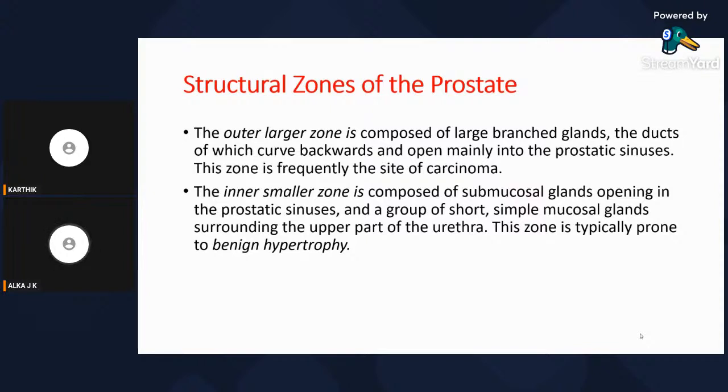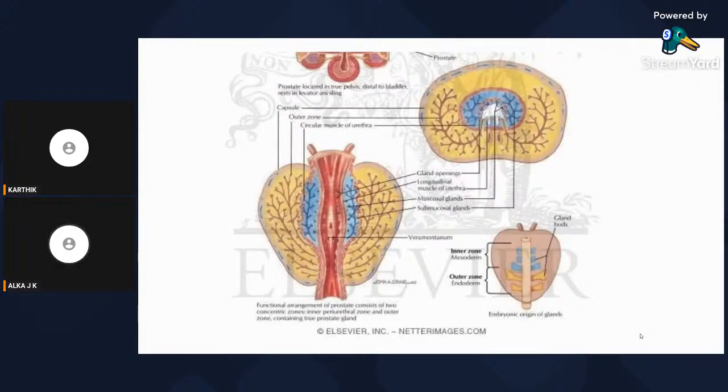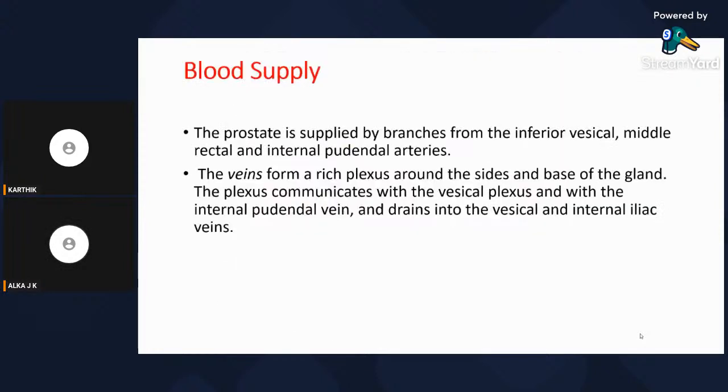This zone is frequently the site of carcinoma. The inner small zone is composed of submucosal glands opening into the prostatic sinuses and a group of short simple mucosal glands which surround the upper part of the urethra. This zone is always prone to benign hypertrophy. So these are the zones of the prostate.